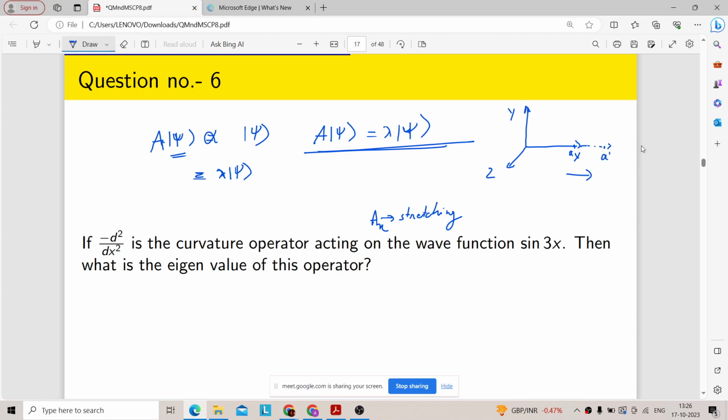So what happened after this operation? The position of A is changed, right, but the direction is the same.